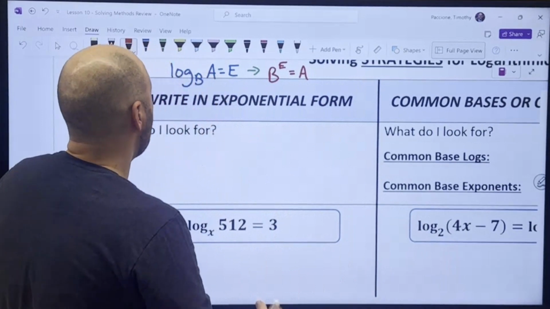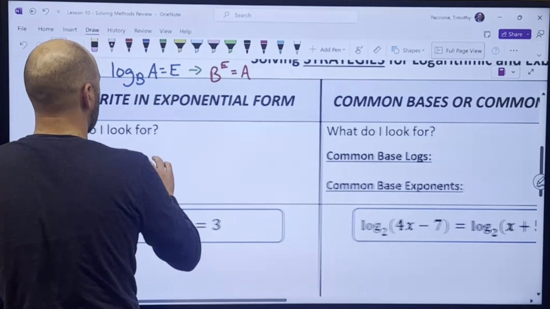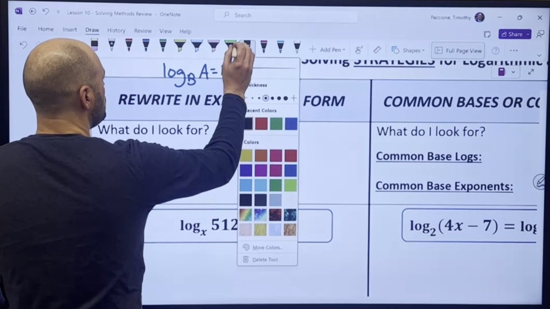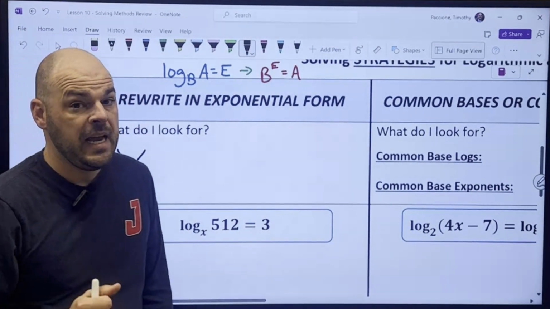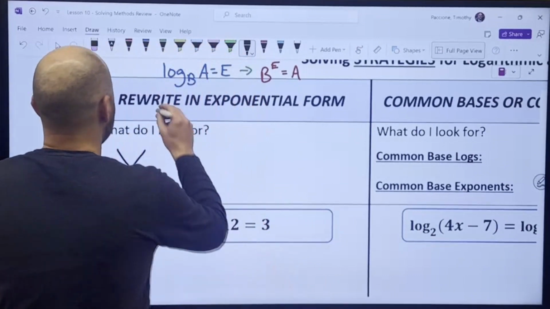Well, most of the time what we're looking for is where is x, right? And when we're rewriting in exponential form, x will be in one of two places.